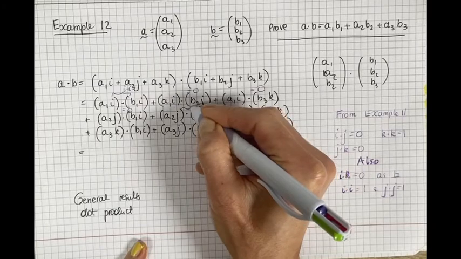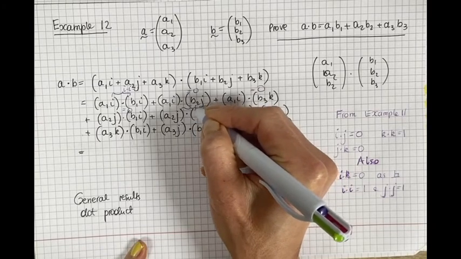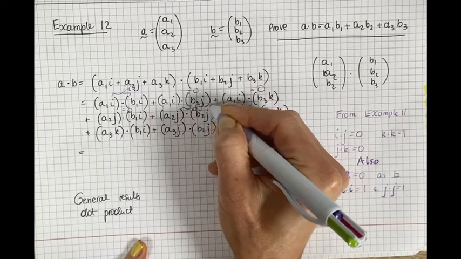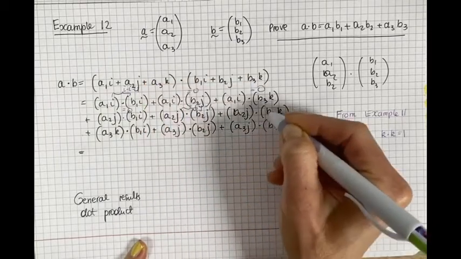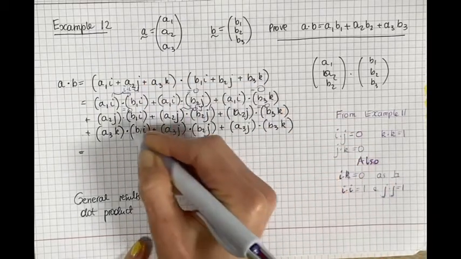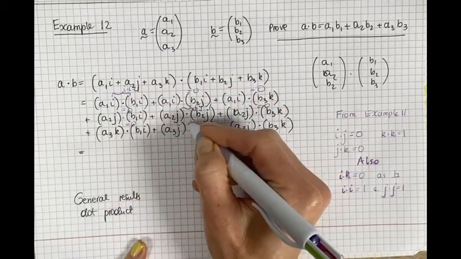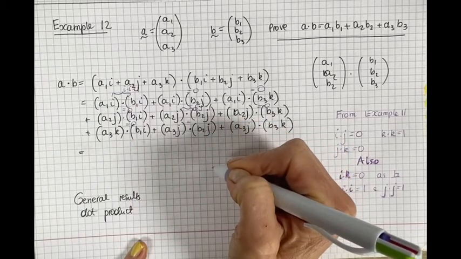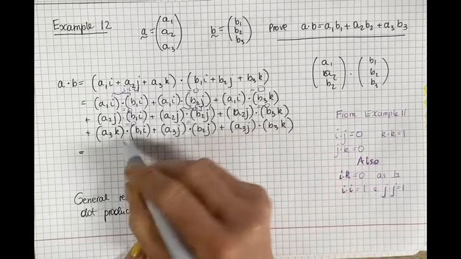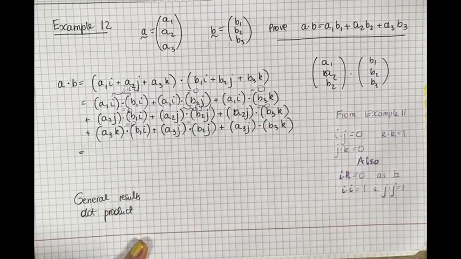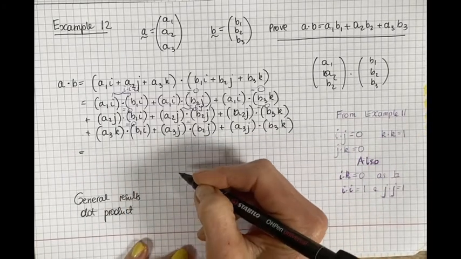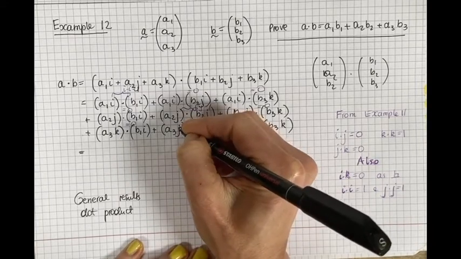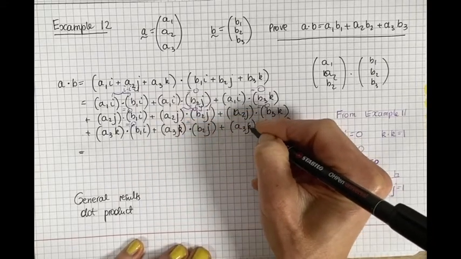This one here will give you j dot j, which is 1, so we'll use that result. This one is going to be 0, this one is going to be 0. I made a mistake here, that was k here, good job I spotted it.